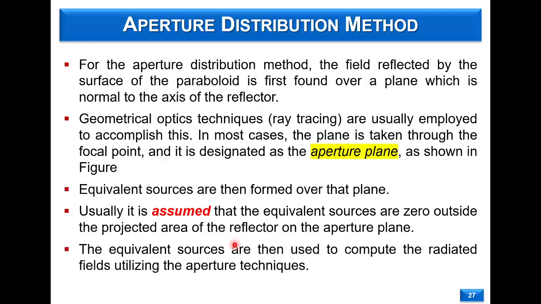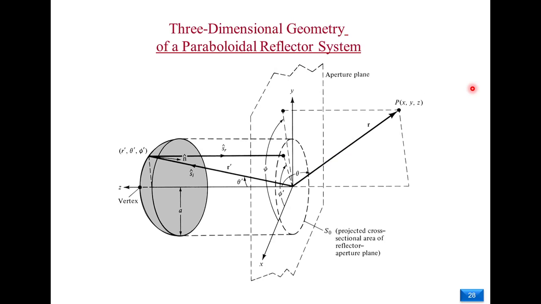So how would we do the aperture distribution method? We have the following steps. The field reflected by the surface is first found over a plane which is normal to the axis of the reflector, similar to this. So we choose a plane, and we find the field on this plane.